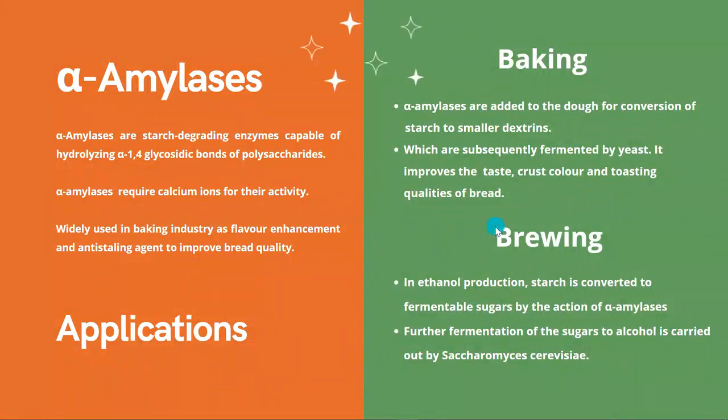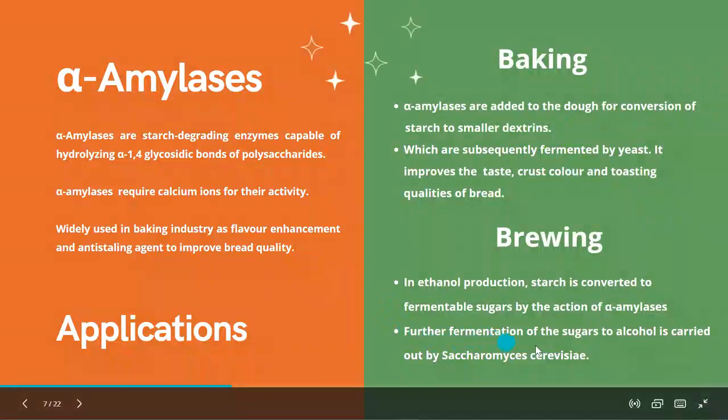Then coming to brewing. In brewing, that is in ethanol production, starch is converted to fermentable sugar. Amylase's function is nothing but to break down the complex sugar into simple sugar. It hydrolyzes, it breaks down the glycosidic bond, and it converts the starch, that is complex sugar, into simple sugar, so that yeast can further act on that and convert it into the end product.